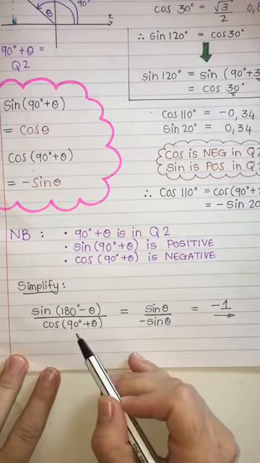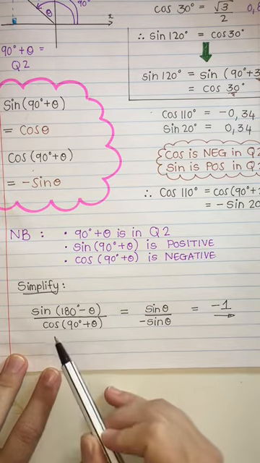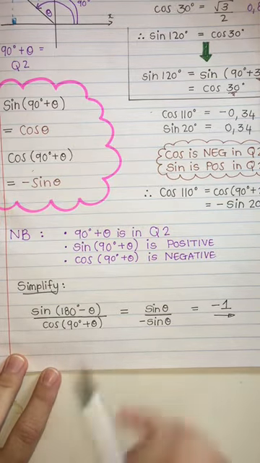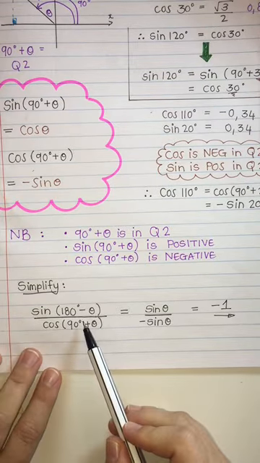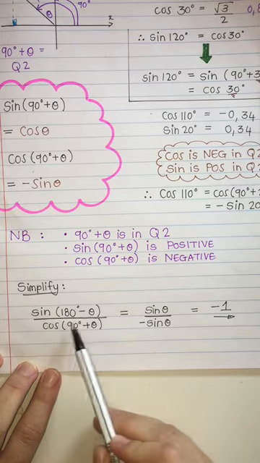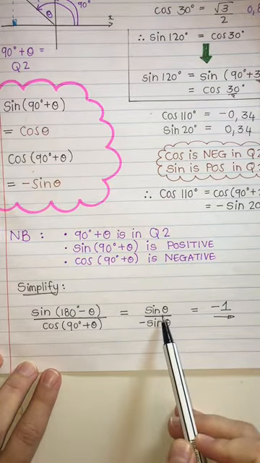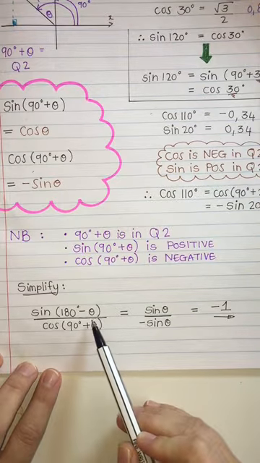Simplify the following: sine of 180 degrees minus theta over cos of 90 degrees plus theta. I remember from my previous videos and previous reduction formulas that sine of 180 degrees minus theta is the same as sine theta. Go to the previous videos and have a look.